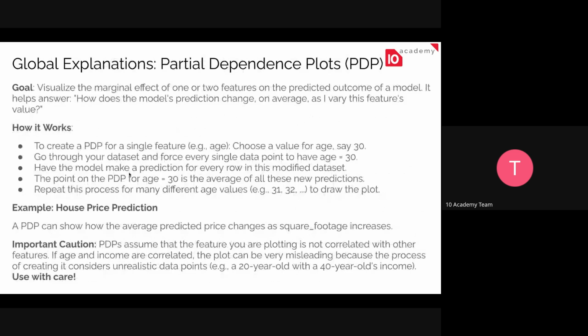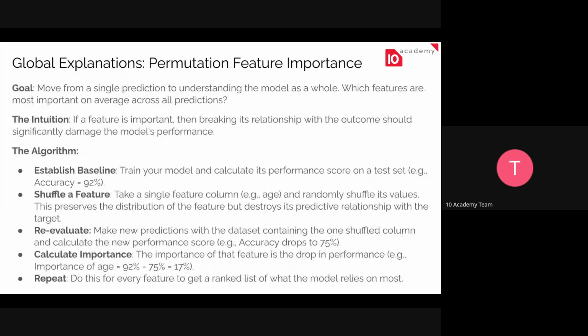For instance, train your model and calculate its performance score on a test set. Let's say first you have 92% accuracy. Then you take a single feature, for example age, randomly shuffle its values, and re-evaluate.